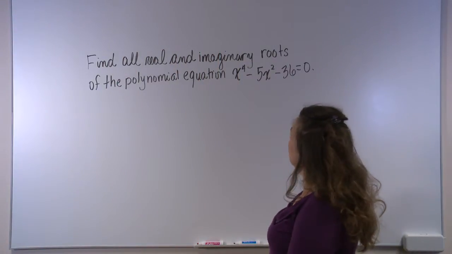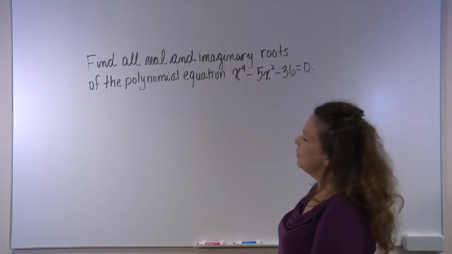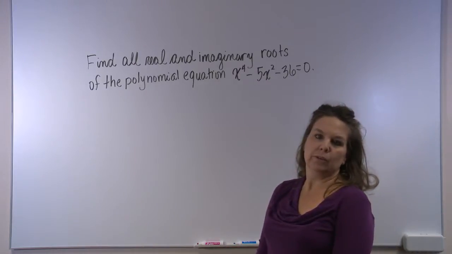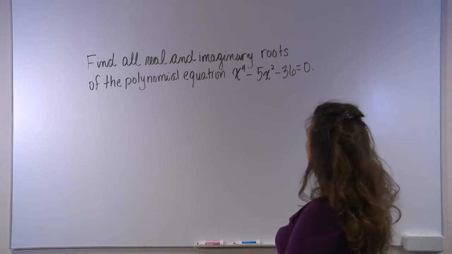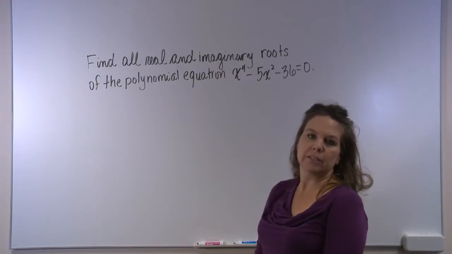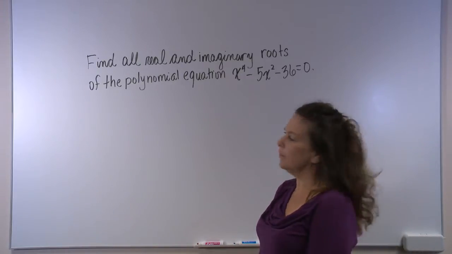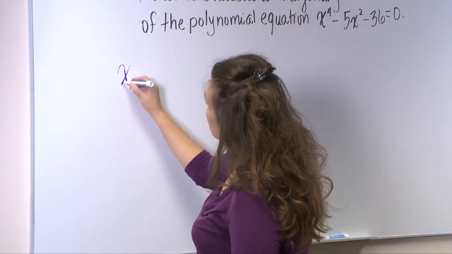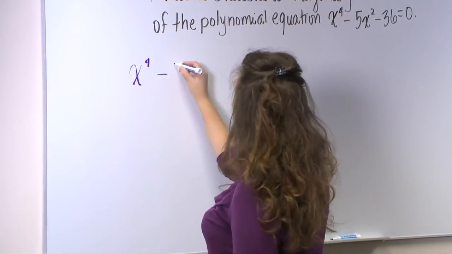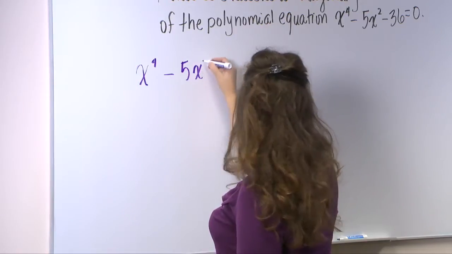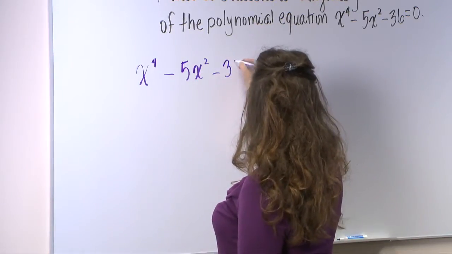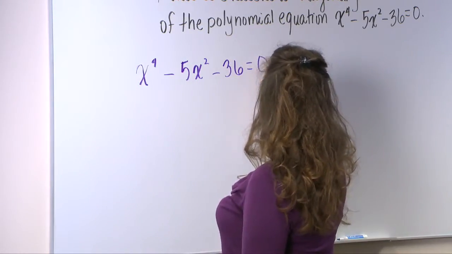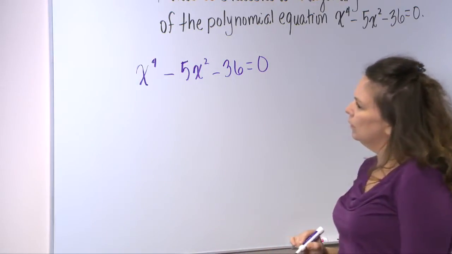Find all real and imaginary roots of the polynomial equation x to the fourth minus 5x squared minus 36 is equal to 0. So we will begin by writing down our equation, x to the fourth minus 5x squared minus 36 is equal to 0.